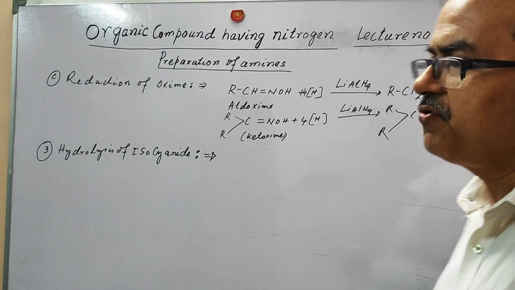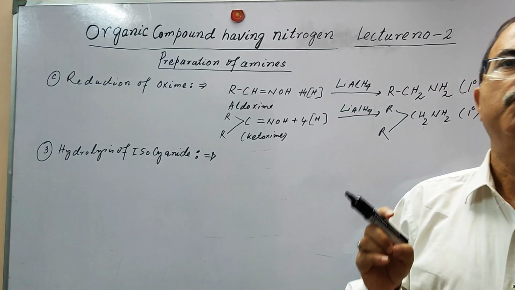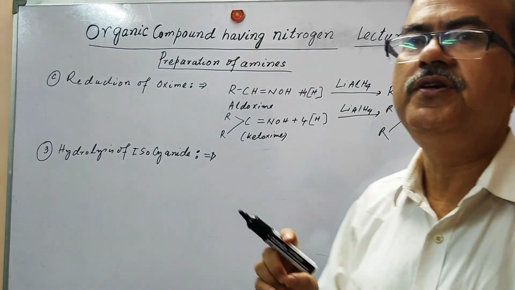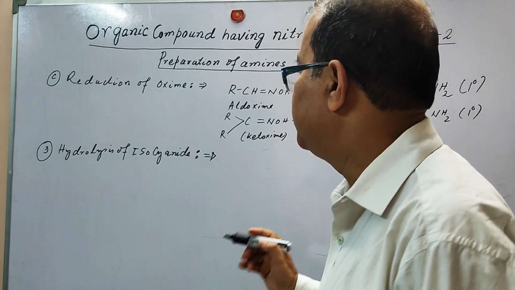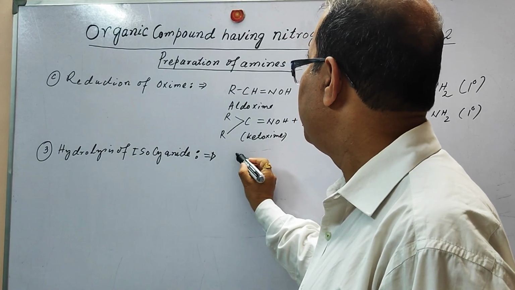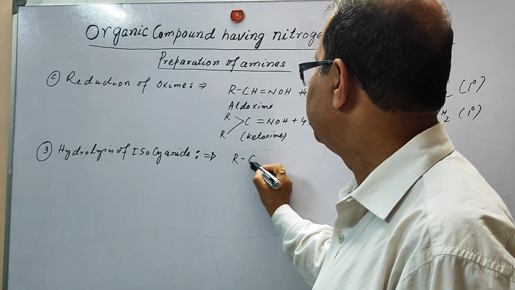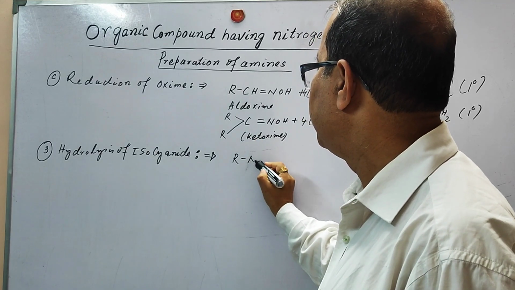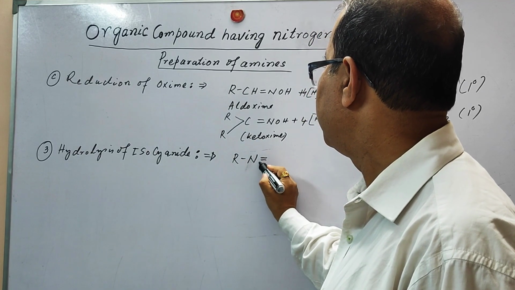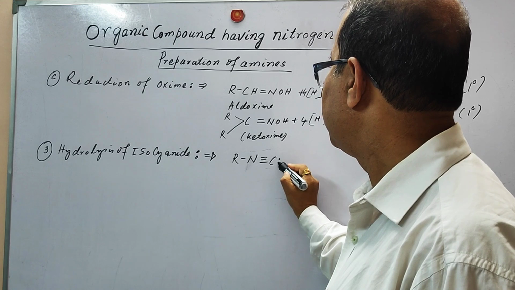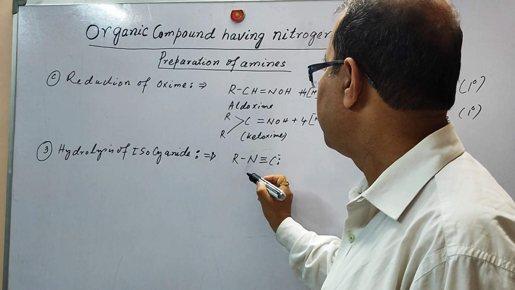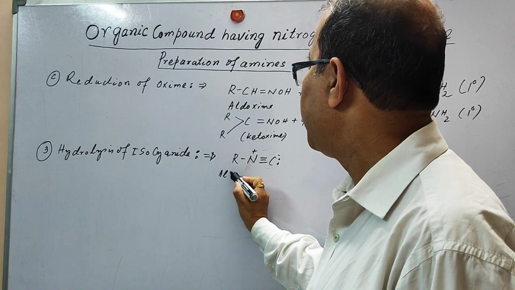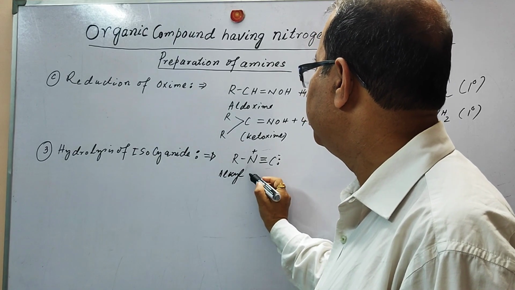In this case, when you process this hydrolysis, we have to always remember that it will be acid hydrolysis. So we are taking this alkyl isocyanate.